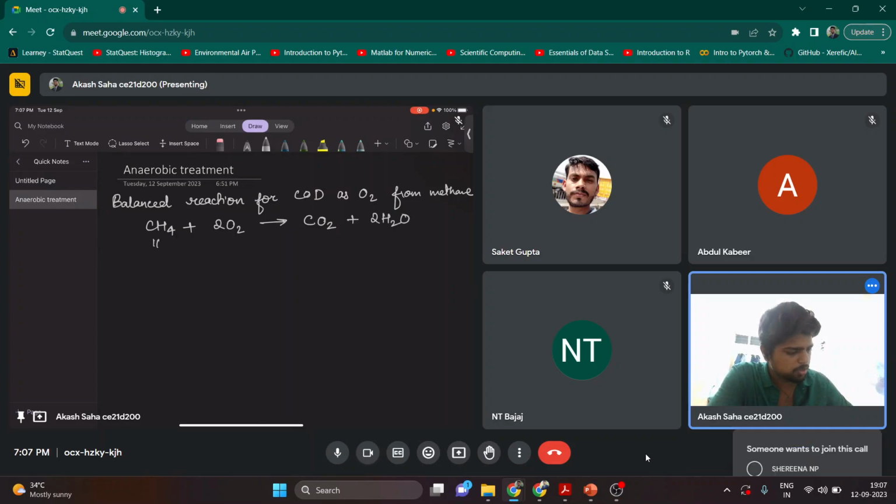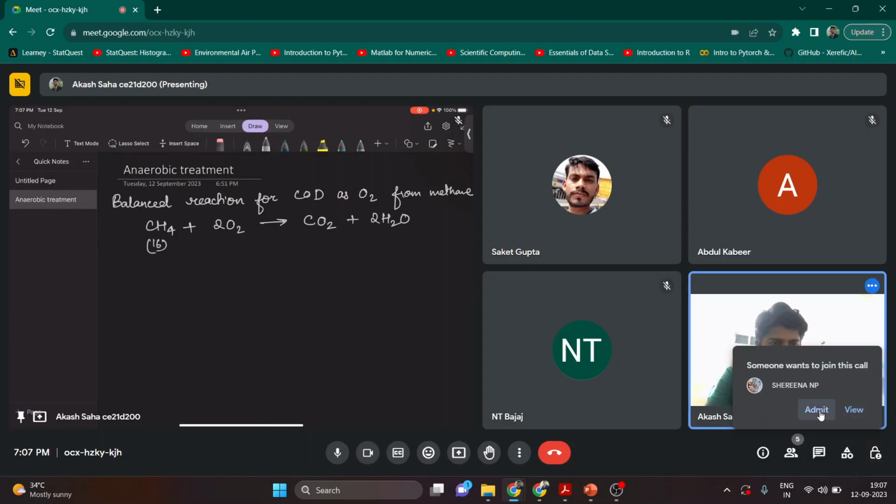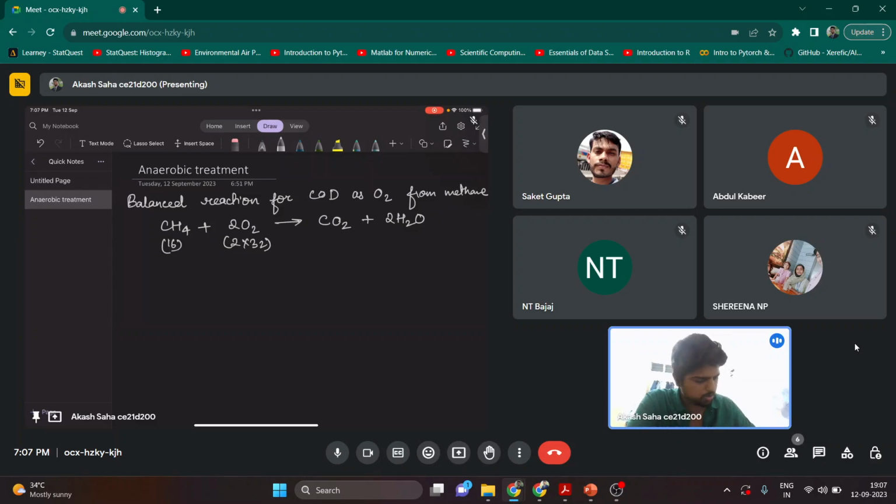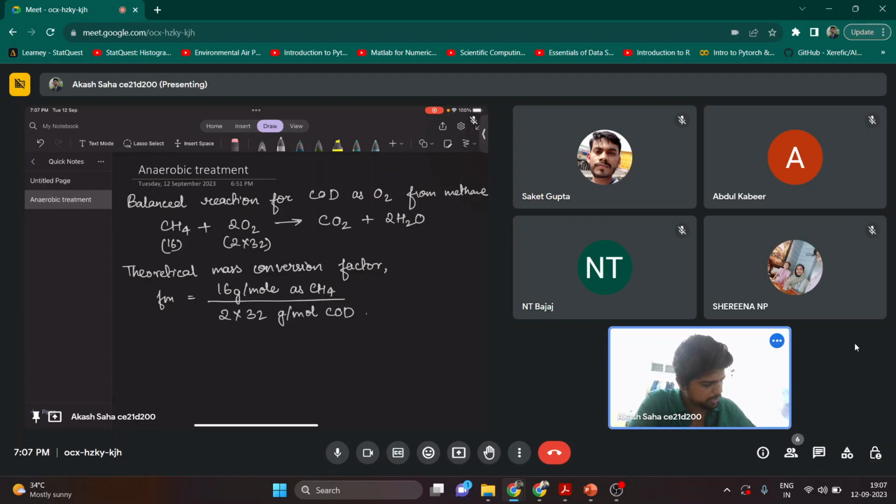So we know the molar mass of methane is 16, whereas 2 O2 will be 2 into 32. So we can see the theoretical mass conversion factor, which will be 16 gram per mole as CH4 divided by 2 into 32 gram per mole COD as O2.